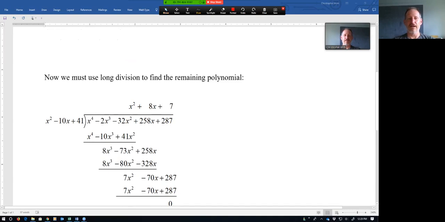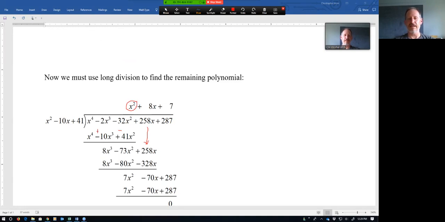What times x squared would give me x to the 4th? Well, that's x squared. If I multiply x squared times each of these factors, I get this polynomial here. Subtracting, I always like to change the signs on these so I know what I'm doing. Negative 2 plus 10 is 8. Negative 32 minus 41 is negative 73. And I bring down my next term.